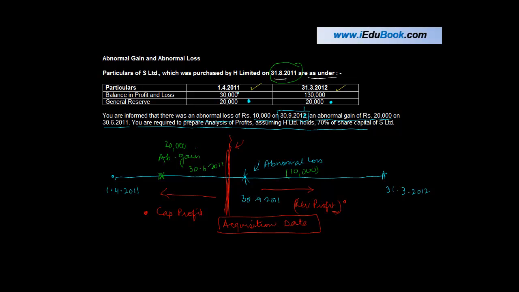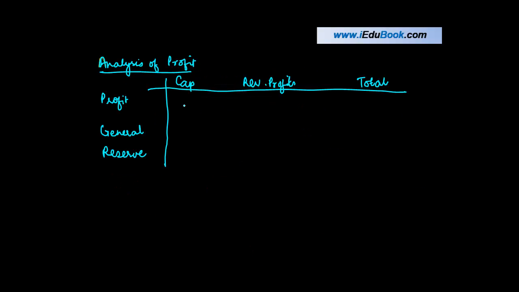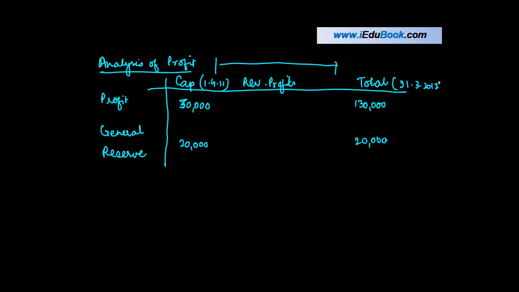So 130 and 20, 30 and 20. Whatever profits are earned during the year between 1/4/2011 and the total given on 31/3/2012. The acquisition date is 31/8/2011, which means there are 5 months during the current year which are pre-acquisition and 7 months which are post-acquisition.